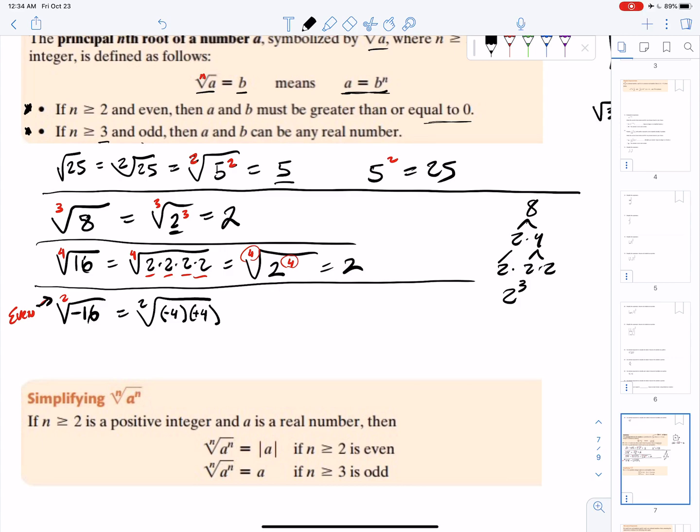And because one has to be negative, one has to be positive, these are not perfect squares because they're different numbers. So whenever we have the square root or, more generally, an even root index of a negative number, this is actually going to be considered not a real number.